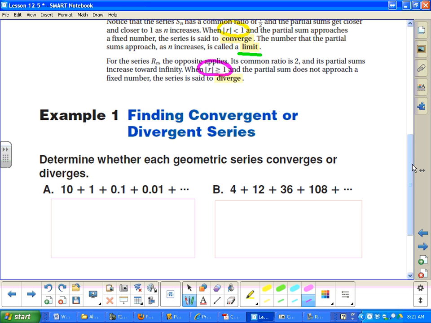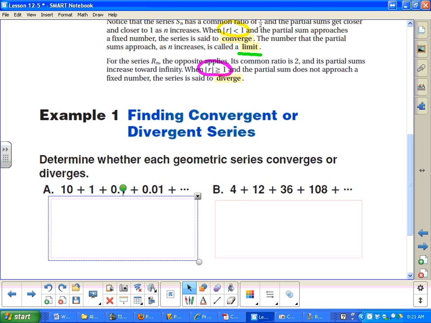If it's greater than or equal to 1, then it diverges. So we just pick any two terms in the series, divide them to find the value of r, and then just look to see, is it less than 1 or greater than or equal to 1?